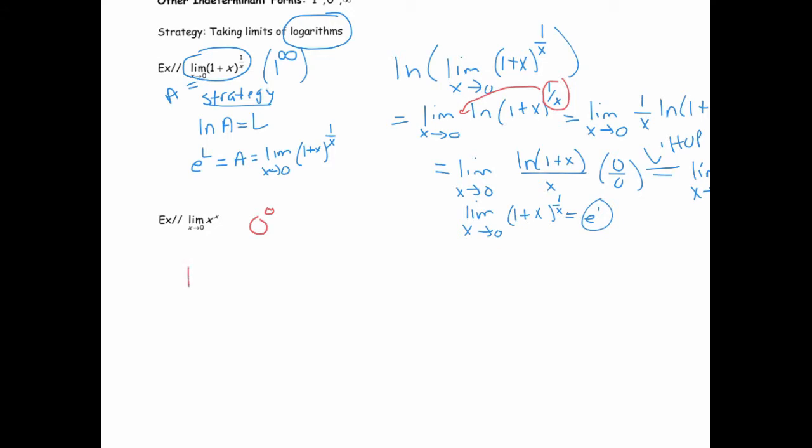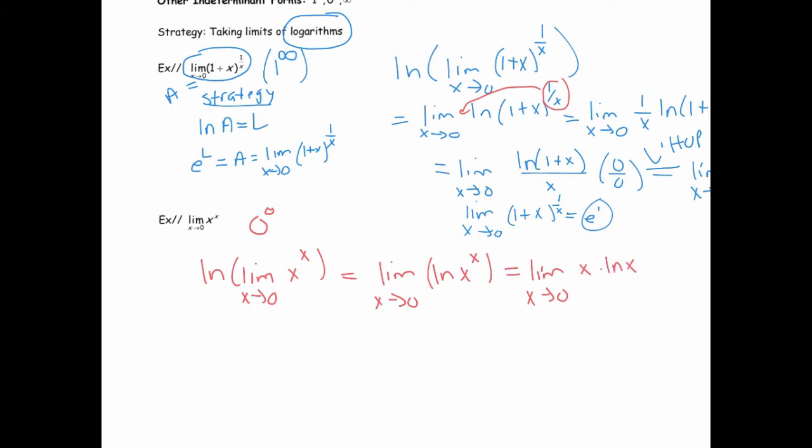So what we're going to do is we're going to take the natural log of this limit to get that exponent x down. That equals the limit of the natural log of the expression inside. So that equals the limit as x goes to 0 of x times ln of x, right, again, because that can move down.